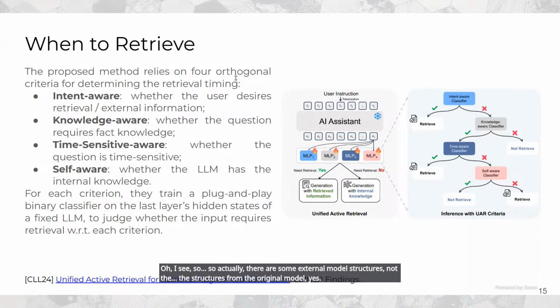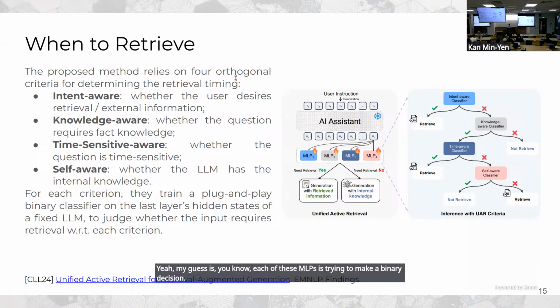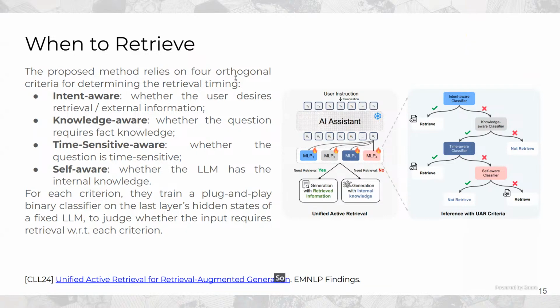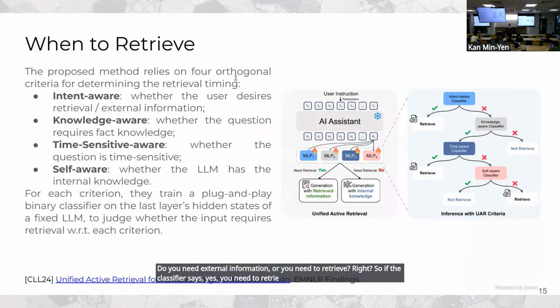Yes. My guess is each of these MLPs is trying to make a binary decision. The first one, I think, is an intent-aware classifier. Based on its training data, it's trying to decide whether you need external information, whether you need to retrieve. If the classifier says yes, you need to retrieve, then you do something like RAG.